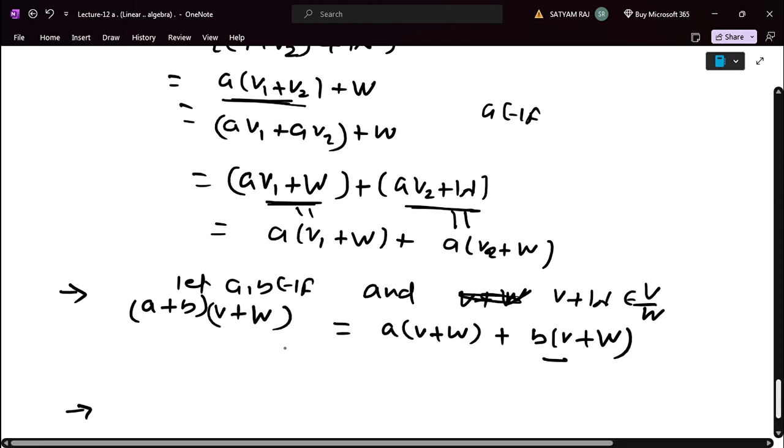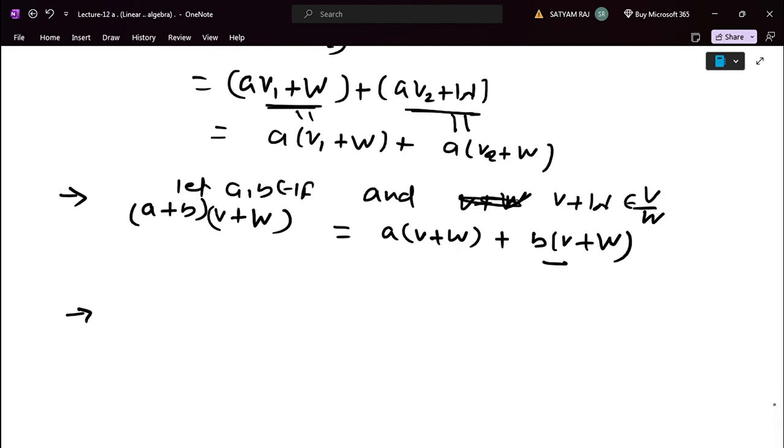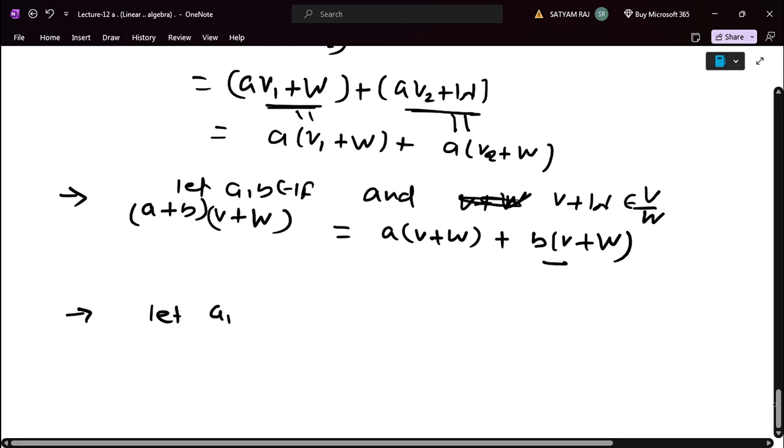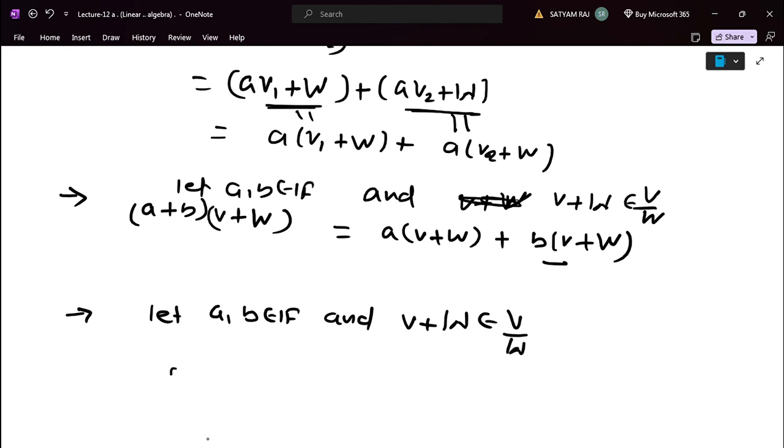Now we will prove the last property for the vector space: let a and b belong to the field and take any element v plus w belonging to capital V by w.